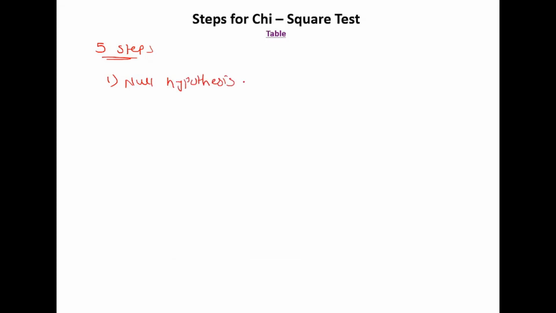So what are the steps for solving this chi-square test? It will be solved in 5 steps. In first step, we define the null hypothesis. Null hypothesis will be whatever is given in the problem.